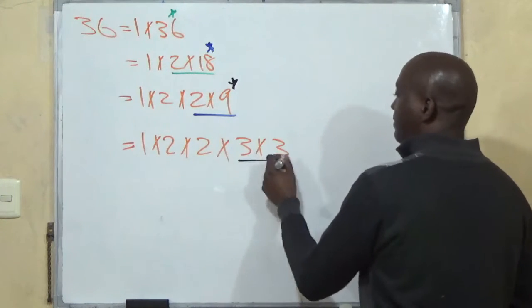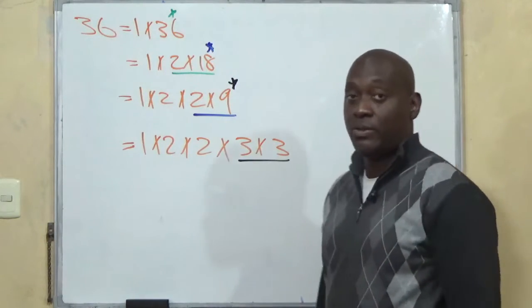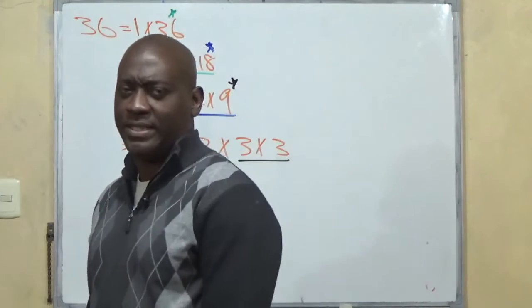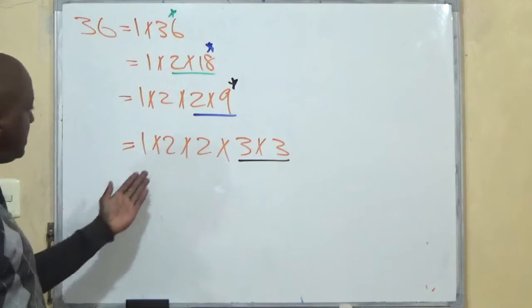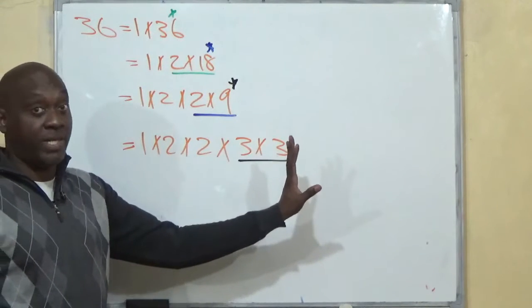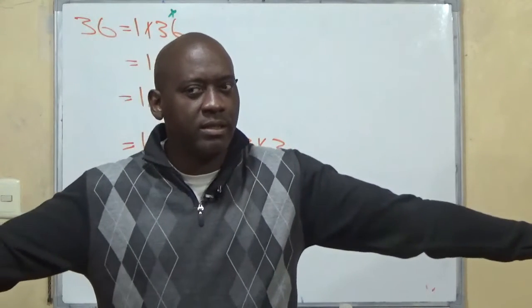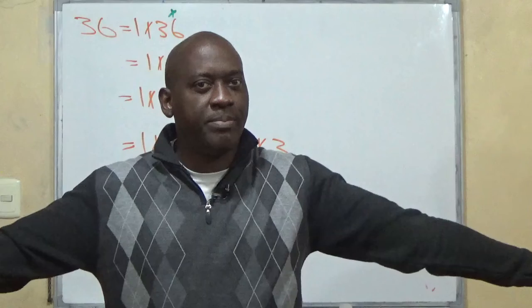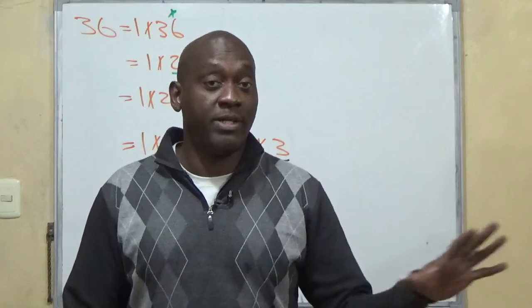We take 9 as we express that as 3 by 3. That is as far as we could go with the factors. Now you will notice that sometimes the factors are repeated. And we have to do that sometimes because as the numbers get larger, you have to repeat the factors. It's not a simple case like 10, which is 1 by 2 by 5.